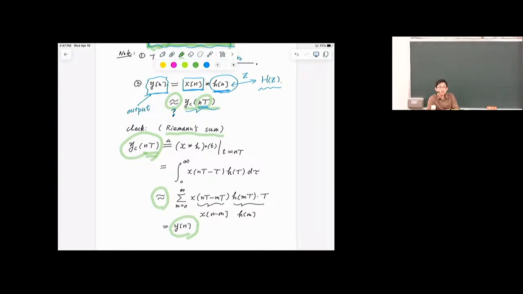Note that y_c sampled at nT, the analog output or desired output sampled at nT, should be equal to the input convolved with h of t, with the convolution sampled at nT. That's by definition. There's no secret in here.